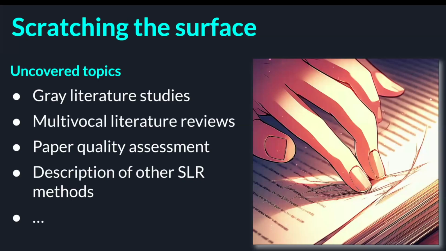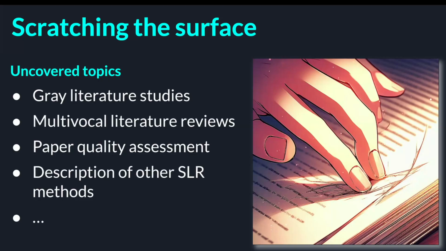There are many things I didn't talk about, like gray literature studies, so looking at non-peer-reviewed content, and multivocal literature reviews, which include both white literature, so the peer-reviewed one, and the non-peer-reviewed one. Paper quality assessment is something that some people do. And there are many SLR methods out there.